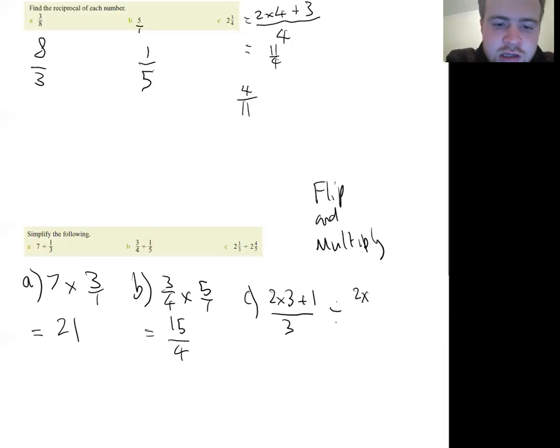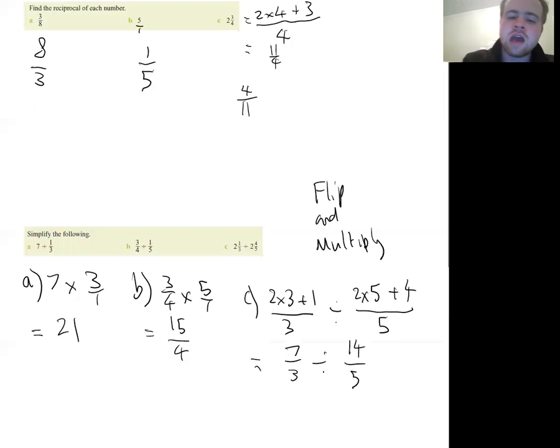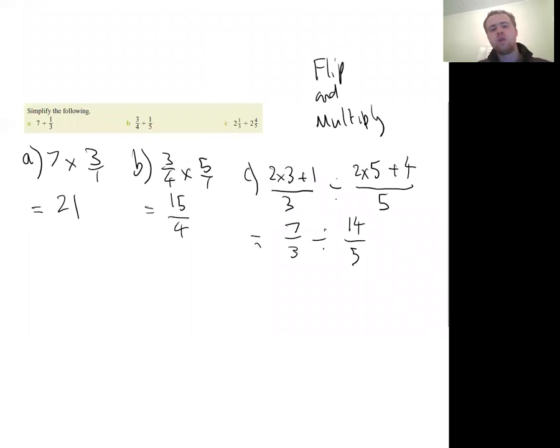We've got 2 times 5, plus 4, over 5. So let's simplify this first before we do anything. So 2 times 3 is 6 plus 1 is 7/3, divided by 2 times 5 is 10 plus 4 is 14 over 5. Okay, now we've converted it into improper fractions.